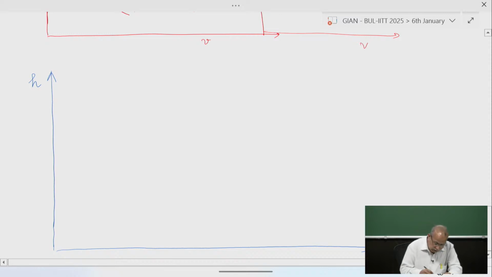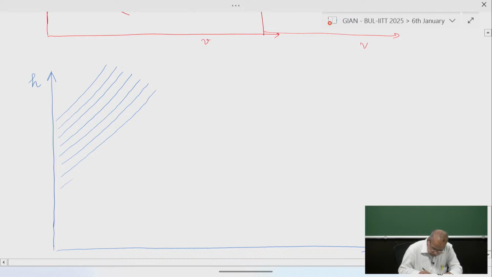Here are the lines of isobar. Isobar is the constant pressure line. So basically we are trying to draw the lines of different pressures.